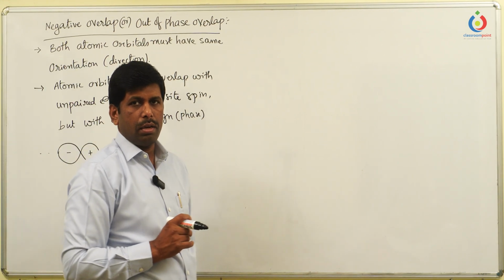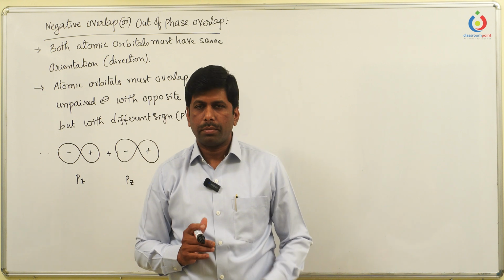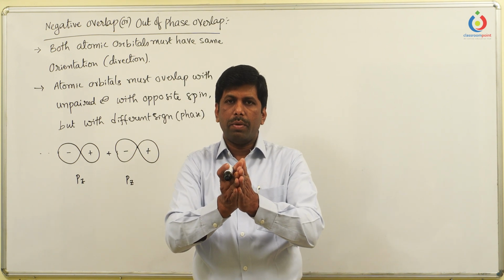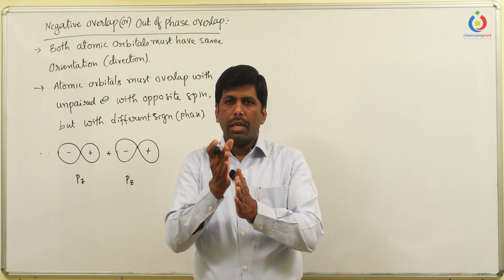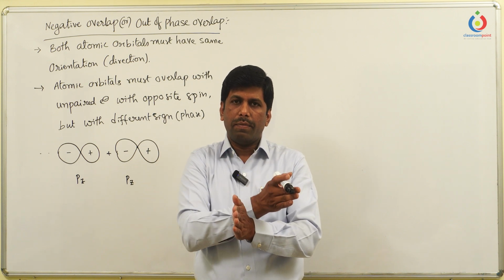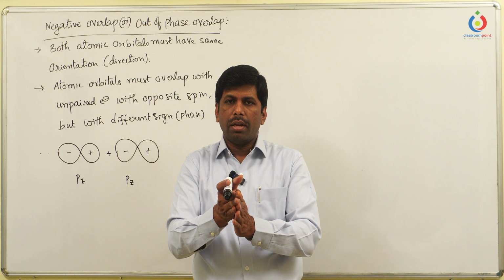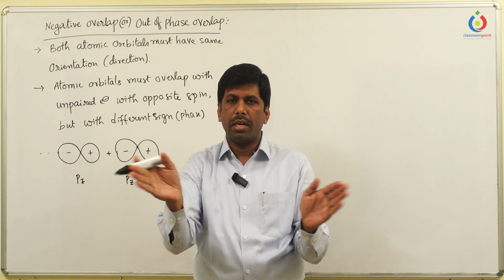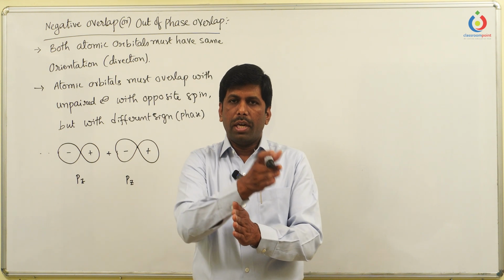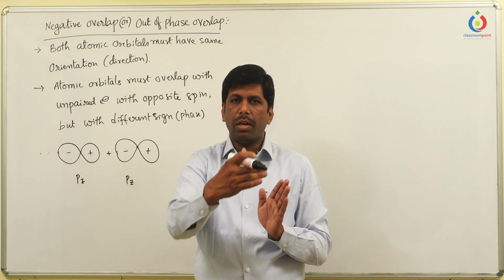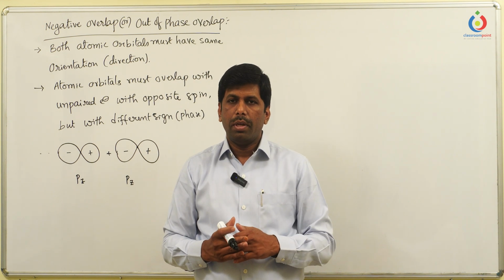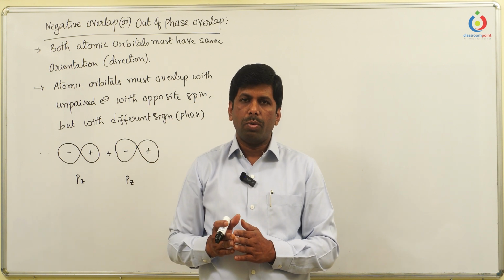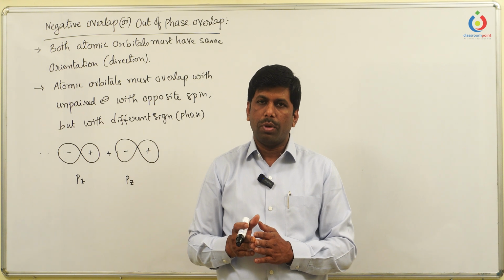I'll clarify this point very easily. When both of these orbitals come for overlapping, if in one orbital electrons are on the left side and in the other orbital electrons are on the right side, then overlapping does not take place because their phases are different. If in both atomic orbitals electrons are on the same side, then overlapping leads to positive overlap. If they are on the opposite sides but the overlap takes place, it is the negative overlap, also called out of phase overlap.